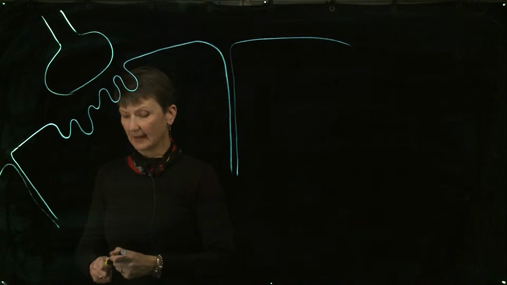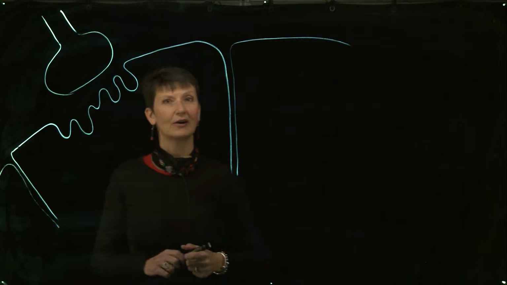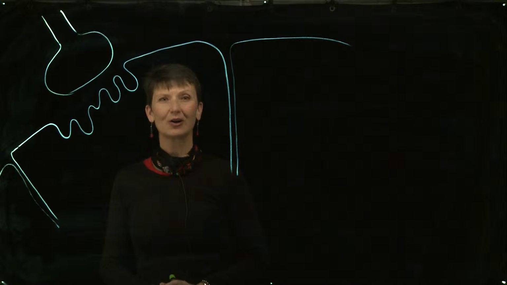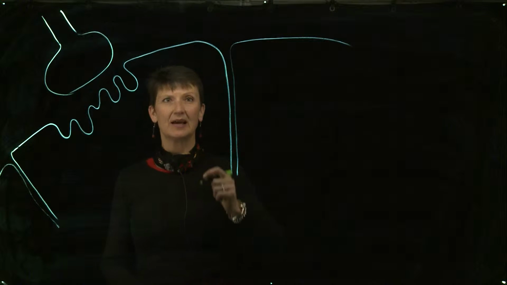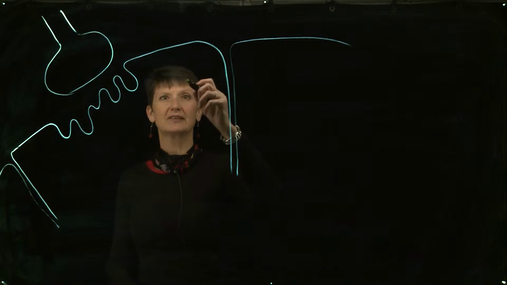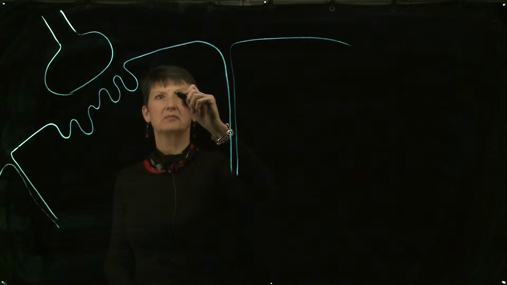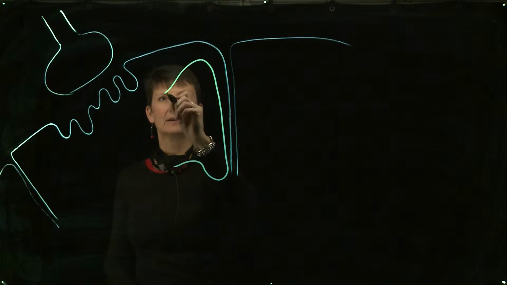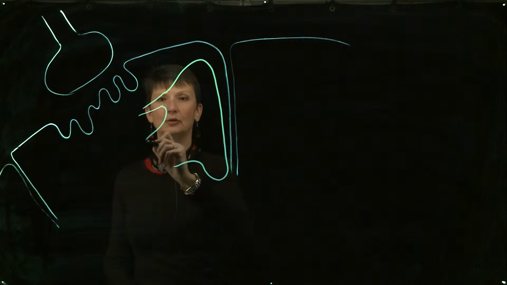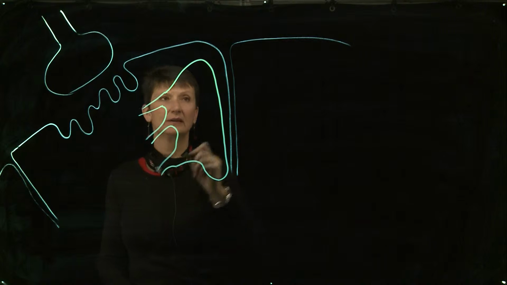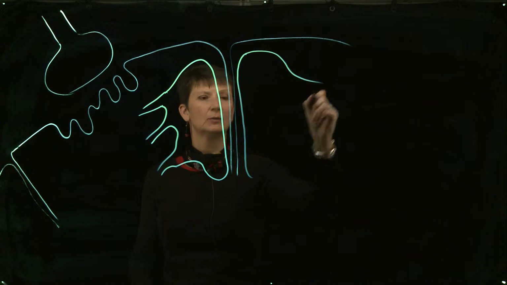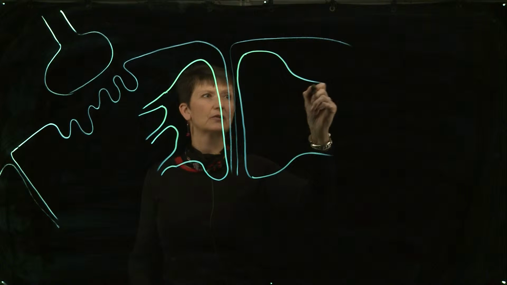That also means that I need to add some of our sarcoplasmic reticulum, and rather than drawing all of the sarcoplasmic reticulum, I'm just going to show you the terminal cisternae as these sac-like structures that give rise to this tubular system. And on either side of these T-tubules, remember, we always have a terminal cisterna.